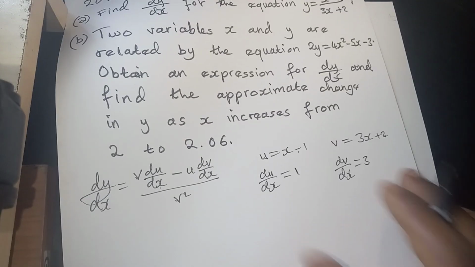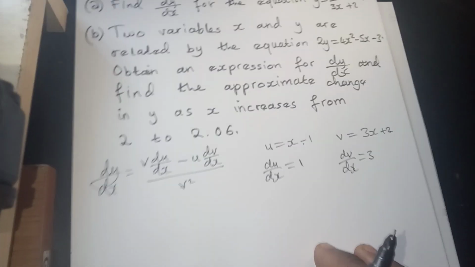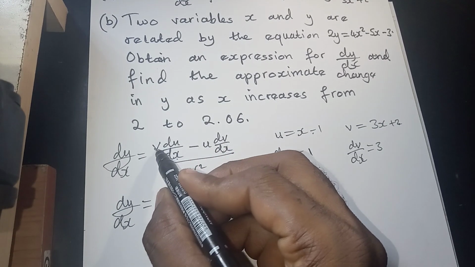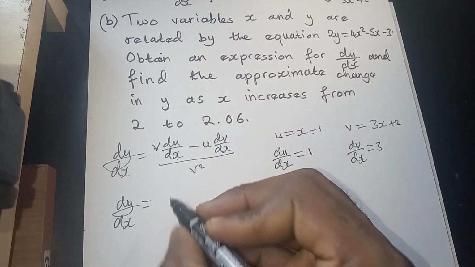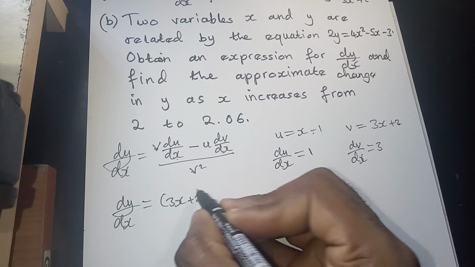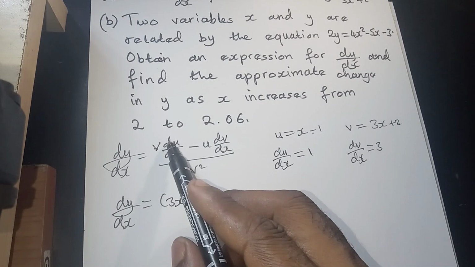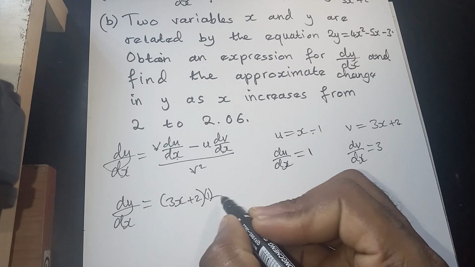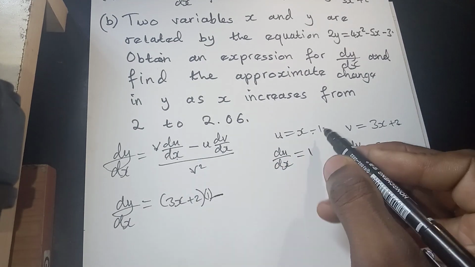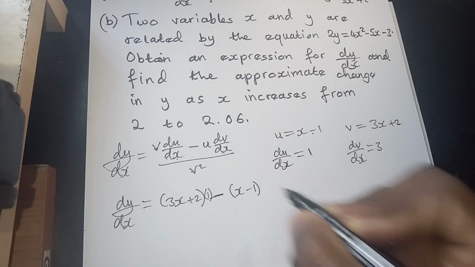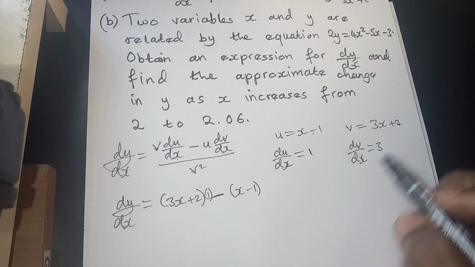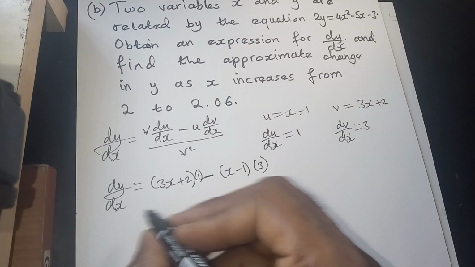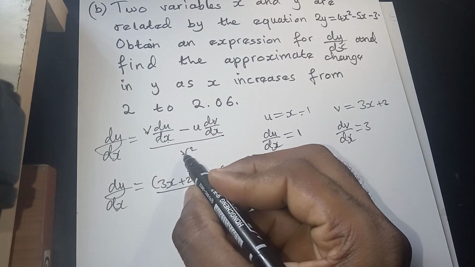And then we can substitute these values in here and say dy/dx is equal to v, which is 3x + 2, multiplied by du/dx, which is simply a 1, then minus our u, which is x - 1, multiplied by dv/dx, which is simply a 3, and then everything over v squared.